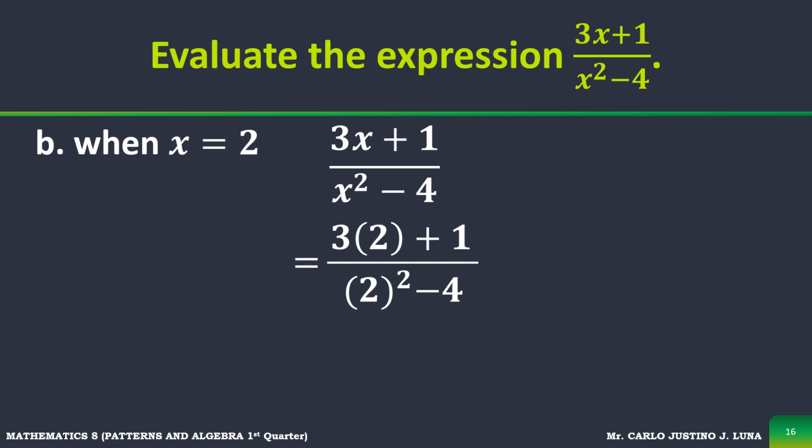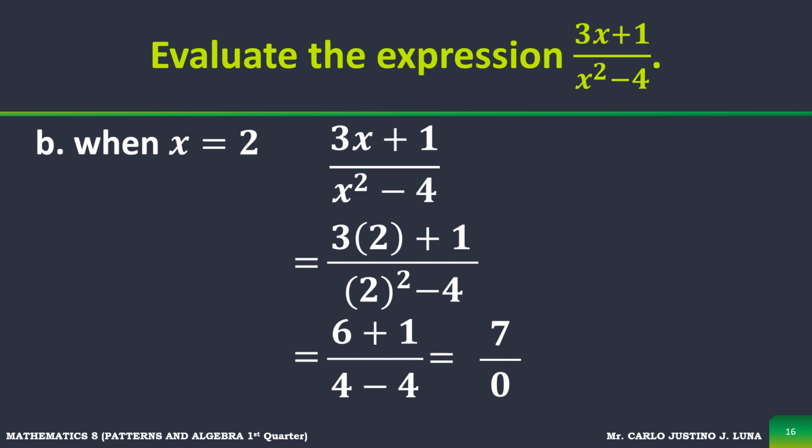And then solve. 3 times 2 is 6 plus 1 all over 2 squared. 2 squared is 2 times 2, 4 minus 4.